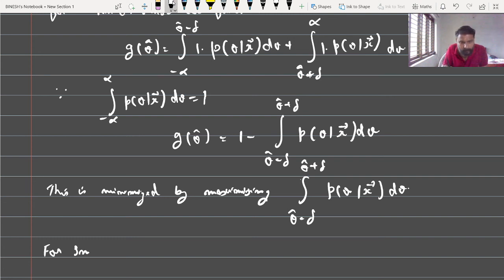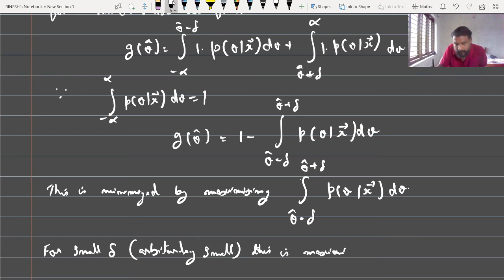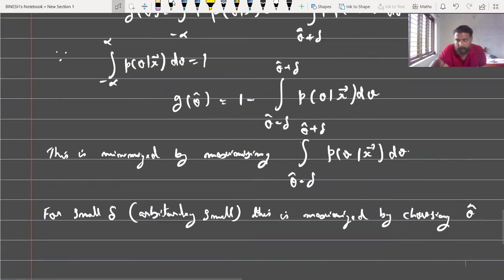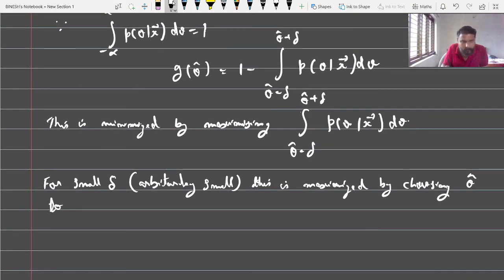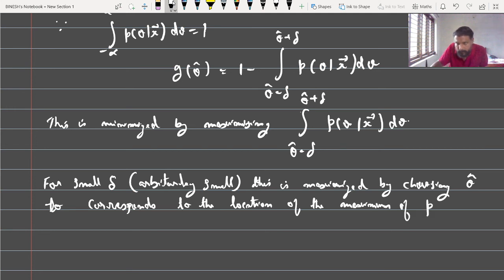For arbitrarily small delta, this is maximized by choosing theta cap to correspond to the location of the maximum of P of theta given x.